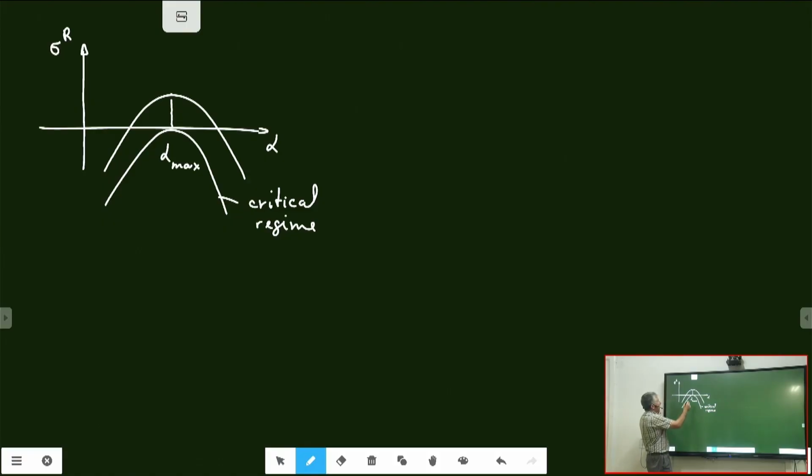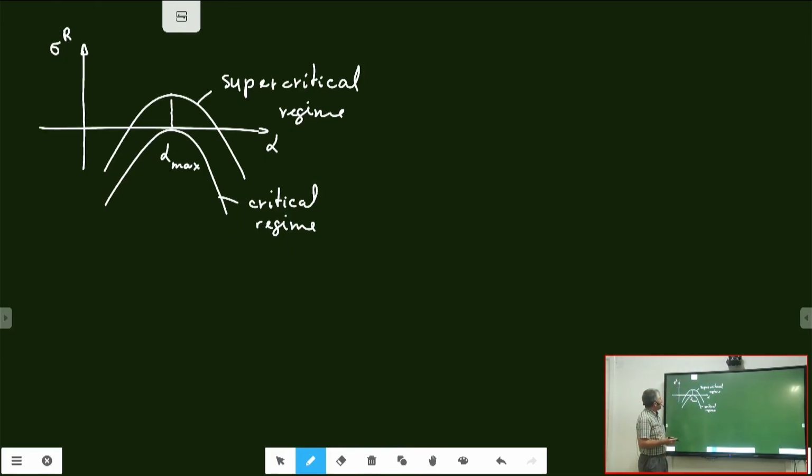But this is called the supercritical regime. When the sigma curve touches the horizontal zero axis, that is called critical, and if we bypass that, then it is supercritical, above critical.